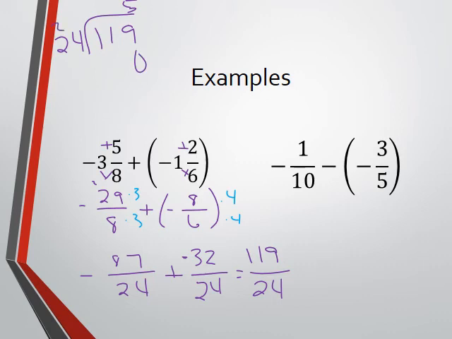That right there is 10 plus 2 is 12. Oh no, that's not going to work at all. So it's actually going to be 4 times, and you'll have 23 left over. So that will give you 4 and 23 over 24. And since I had same signs, my answer still has to be negative.